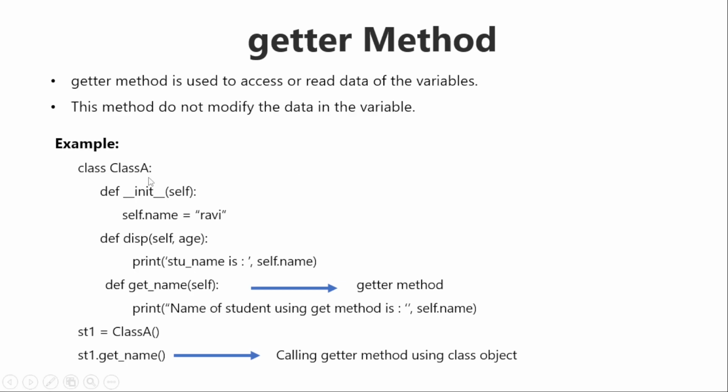If you look into the example, class A, in it self, name Ravi, age, def disp self, print student name is self.name.